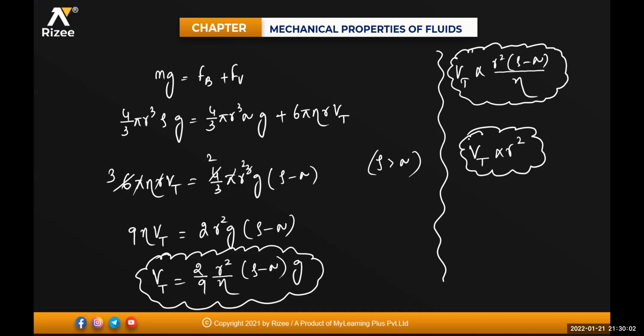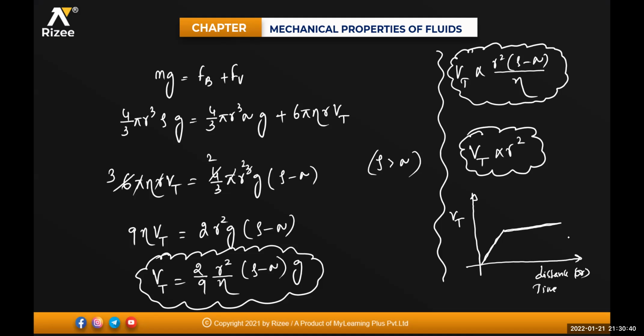That means if I draw a graph of terminal velocity versus distance or time, it is one and the same. Initially it will have constant acceleration, and afterwards it becomes constant. Velocity increases initially, and after a certain interval of time it gets a constant velocity. That constant velocity is what we call terminal velocity. Is that clear?